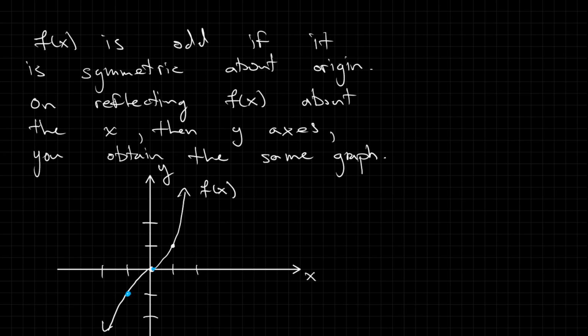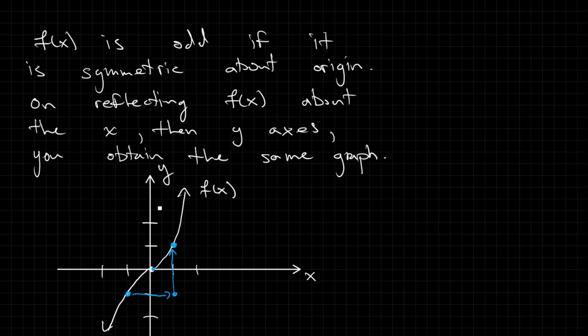And finally, if I take this third point, -1, -1, on the graph of f of x, if I reflect first about the y-axis, I get here, and if I reflect now about the x-axis, I get here.